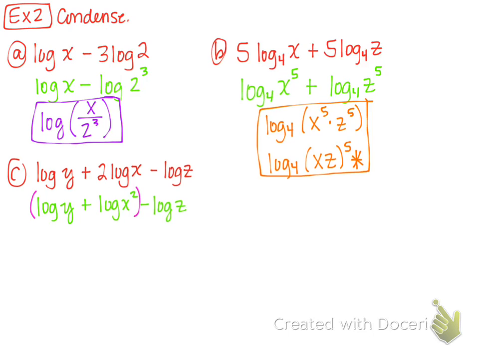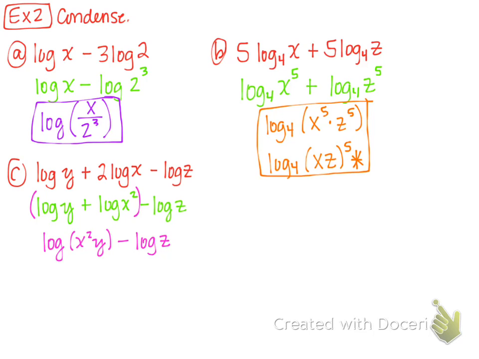So I'm going to group these 2 together, and I'm going to go ahead and use the product property because we have addition. So I have log of, and I'm going to multiply y times x squared. So because I like my variables to be in alphabetical order, I'm just going to put x squared y. Then we still have minus log of z.